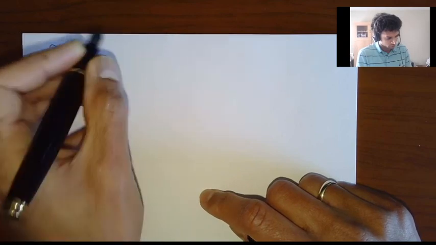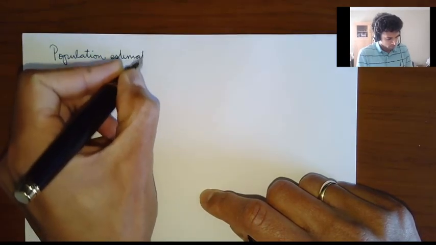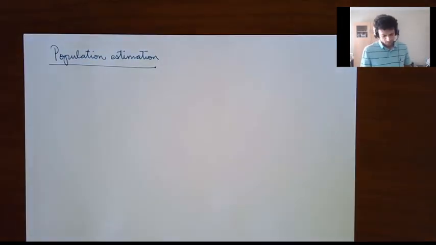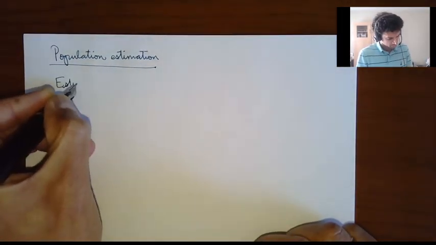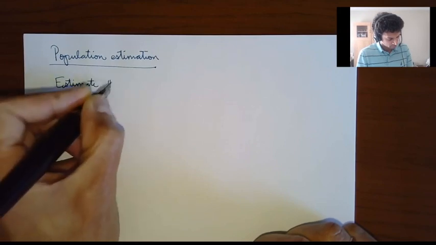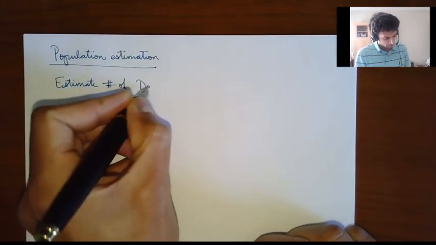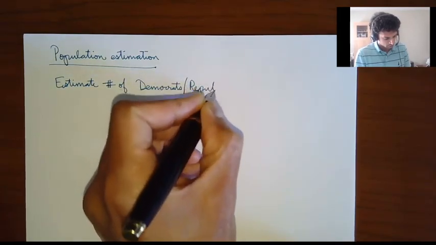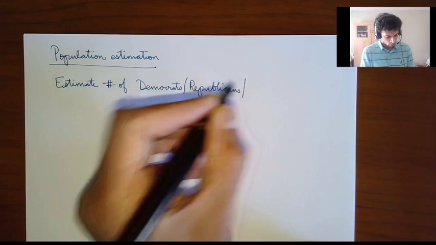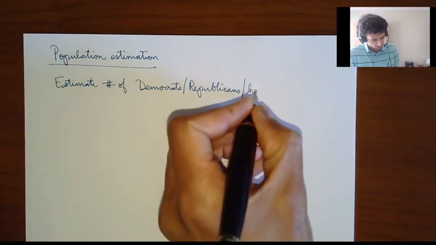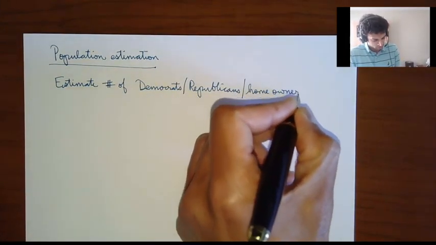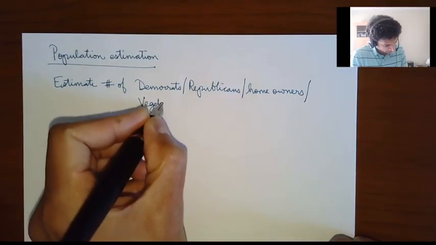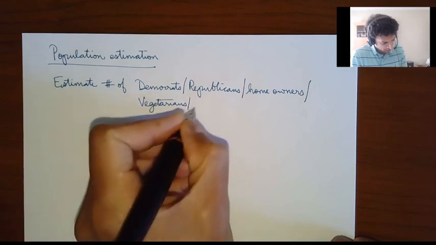So let's just do population estimation. Estimate the number of whatever have you, Democrats, Republicans, or homeowners, vegetarians, whatever have you.